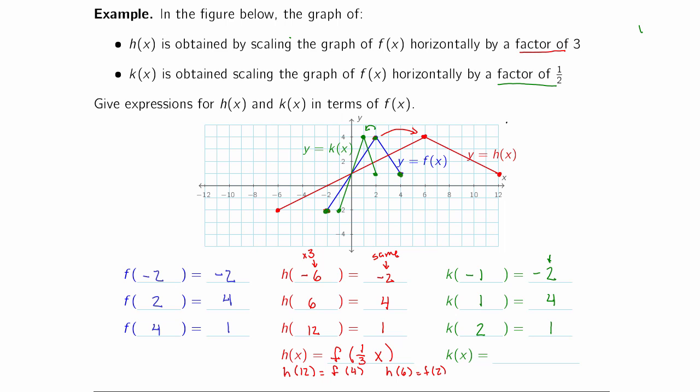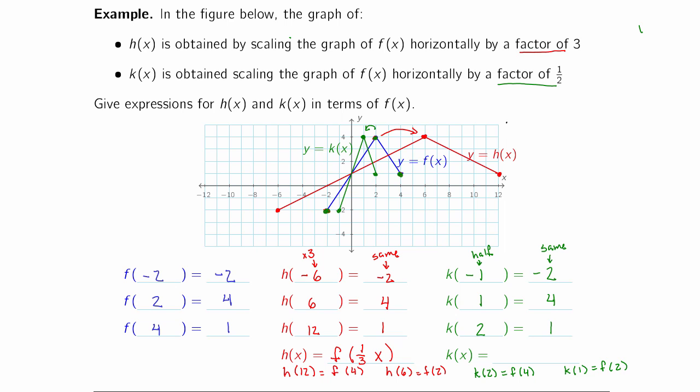Again, our outputs were the same, and our inputs are 1/2 as big. When we wanted to take k of 2, we took f of 4. When we wanted to take k of 1, we took f of 2.